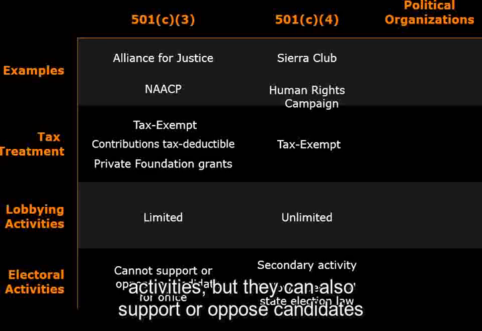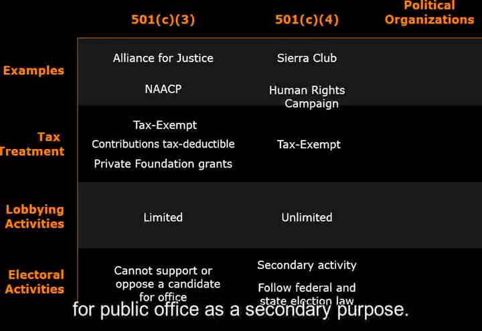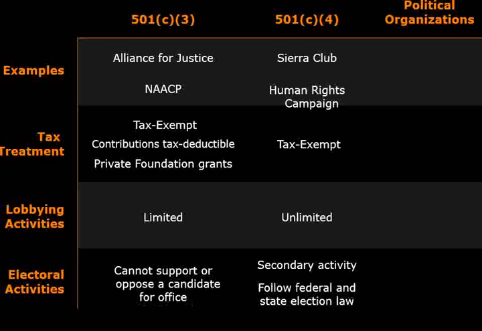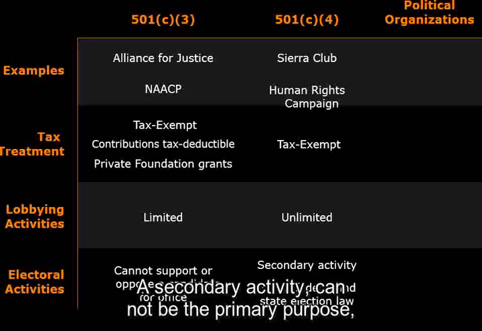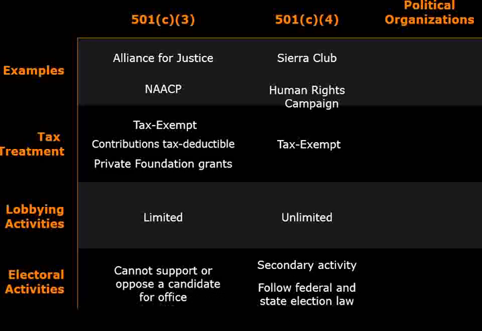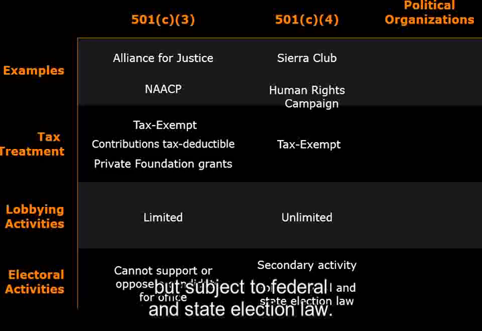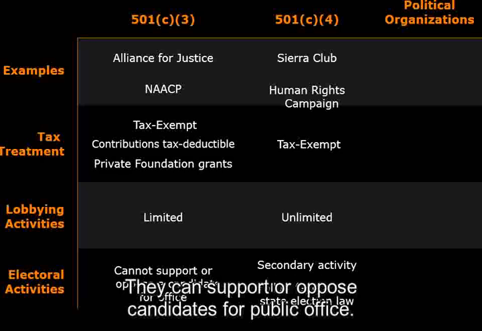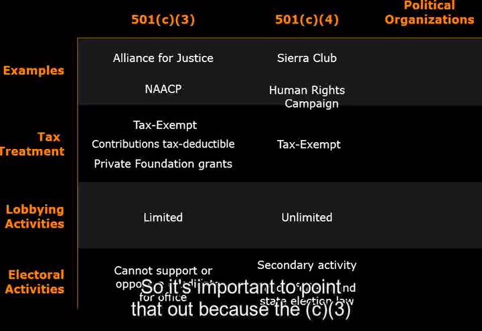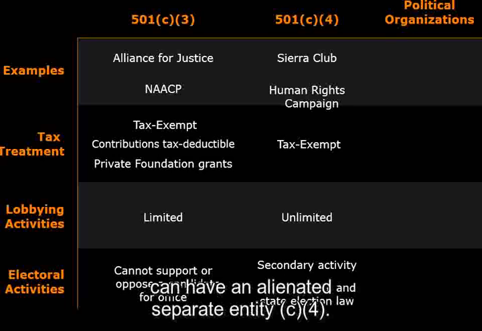But they can also support or oppose candidates for public office as a secondary activity. It cannot be their primary purpose, but subject to federal and state election law, they can support or oppose candidates for public office. So it's important to point out that a C3 can have an affiliated, separate C4 entity.